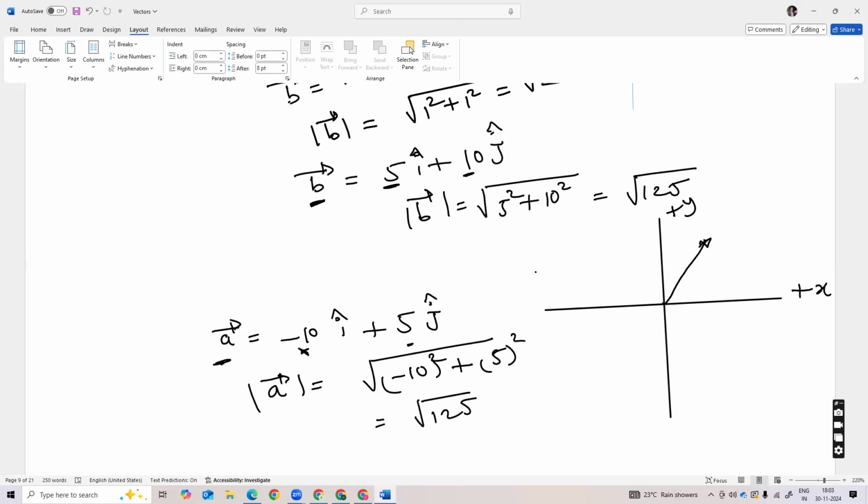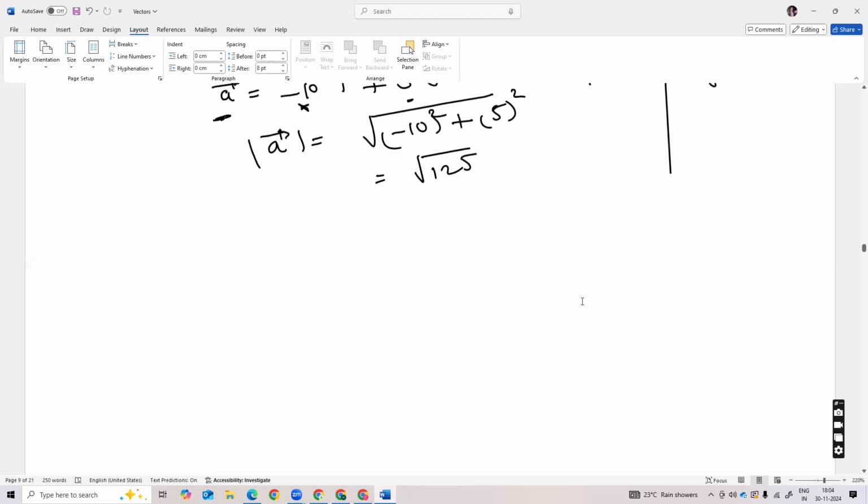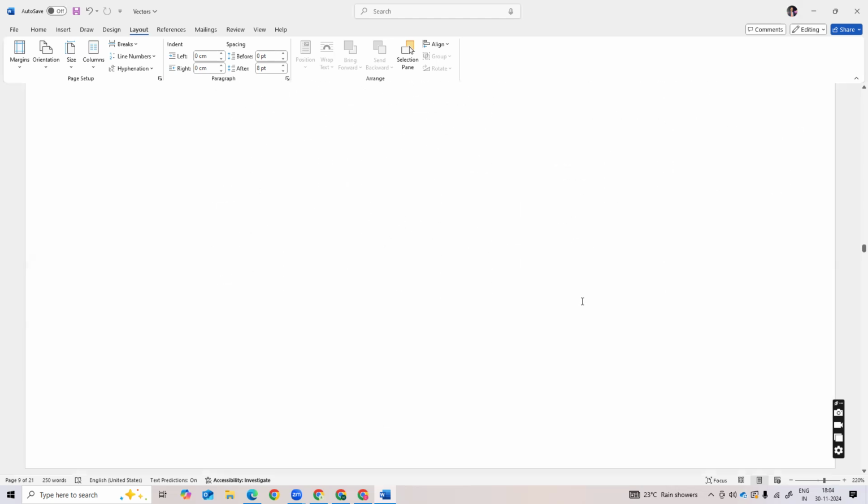Vector B was like this because its y component is 10 and its x component is 5, whereas for vector A the x component is minus 10 and the y component is 5. So vectors can have the same magnitude but different direction. This is how you generally find it.